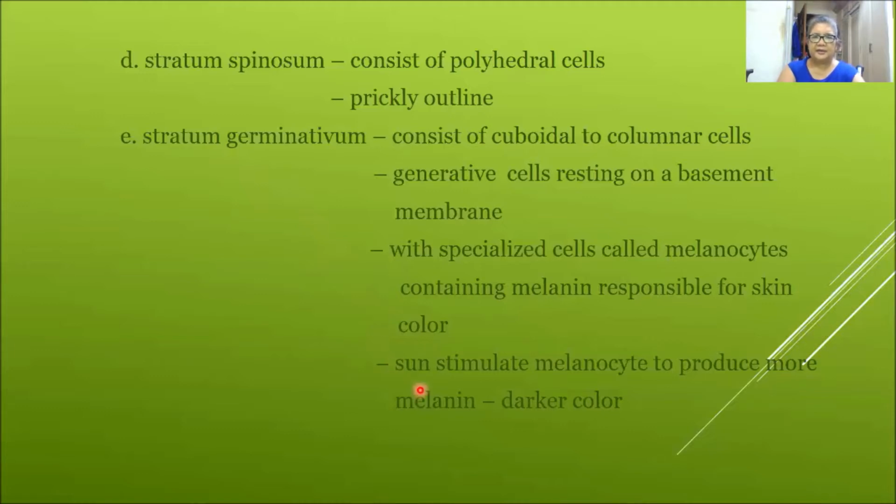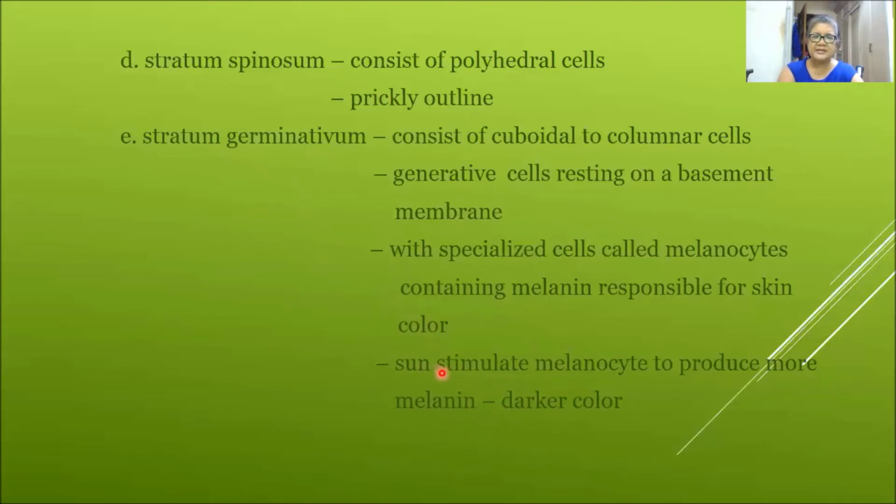The sun will stimulate melanocytes to produce more melanin so that you will have a darker color. So when you go sunbathing, you are stimulating the melanocytes to produce more melanin so that you will become darker.